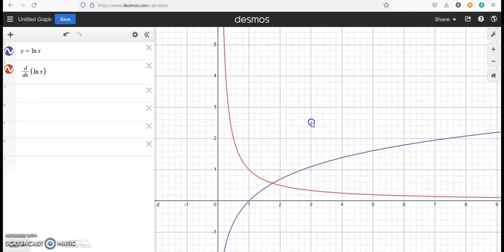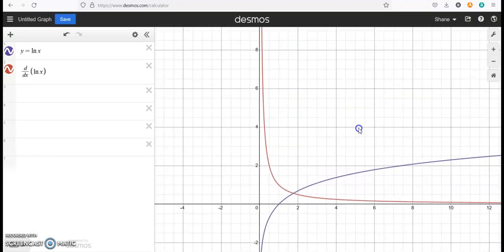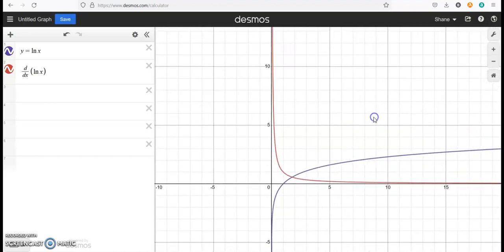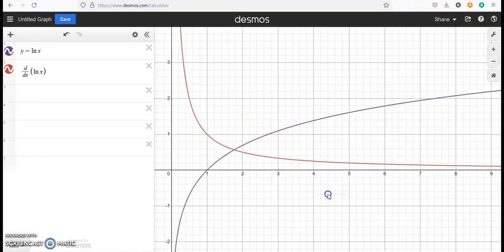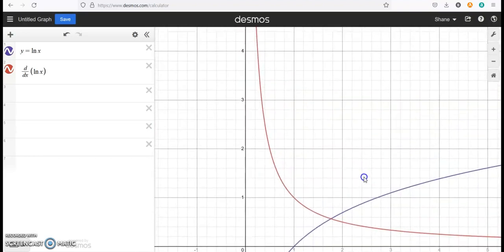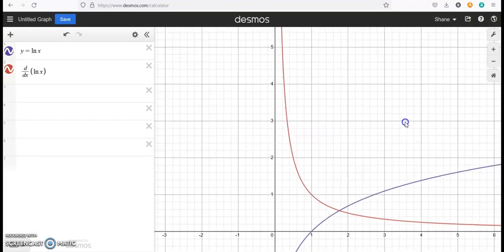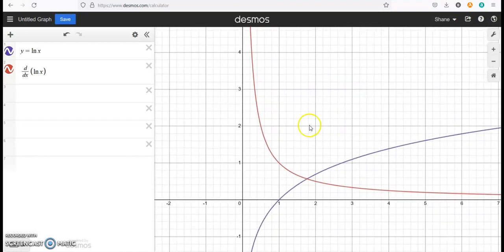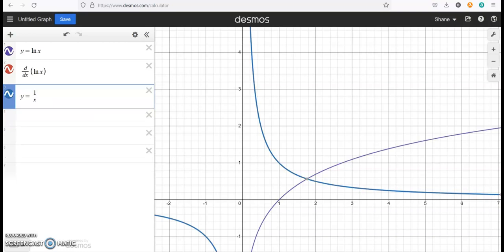Now the question is, what does that graph look like? That red graph, does that look like any other function that maybe you've encountered somewhere before? And again, this one I don't think is as obvious as the other ones. But to me, it looks a lot like the graph of 1 over x.